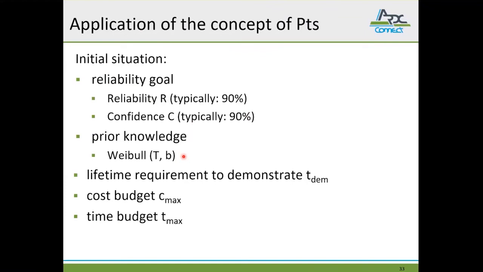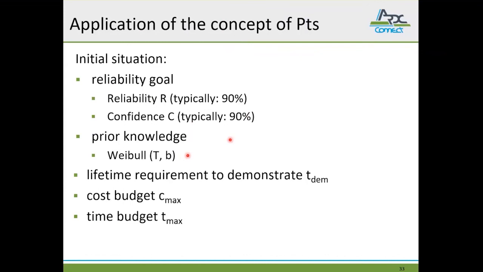So yeah, where do we get this prior knowledge? That's the first part of the test. In success run testing, we need to make an assumption on the beta or the shape parameter of the Weibull distribution. But for our test planning here, we need to make an estimation of this prior knowledge and need some idea of where our results will be or could be.